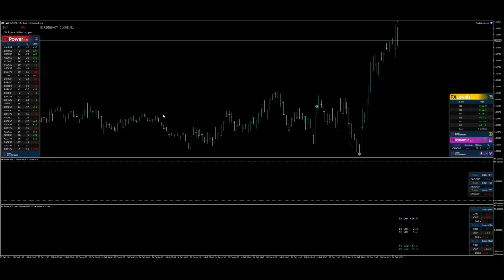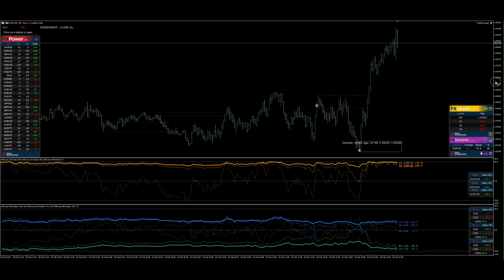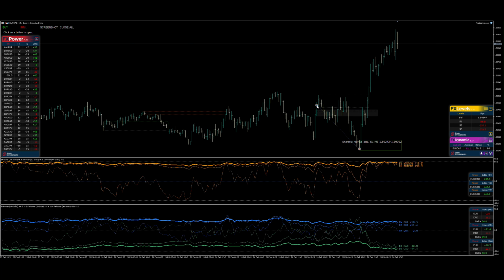Last trade is another one that was really bad luck today. I went long here on this easy scalping setup, placed the stop loss here, and I've been stopped out by nearly a pip. This is simply amazing. That's really bad luck.